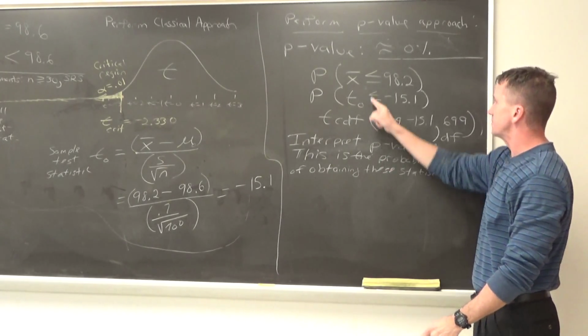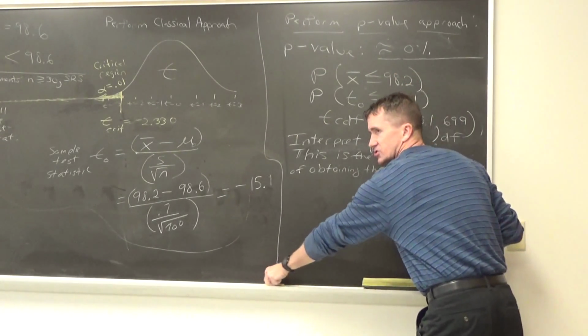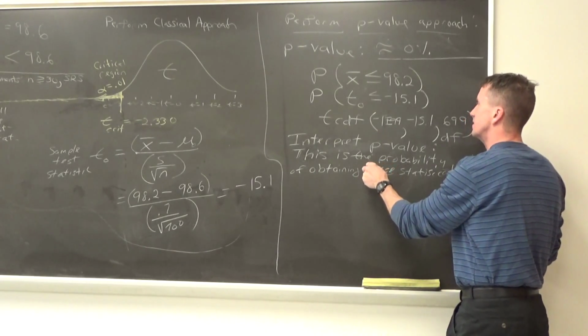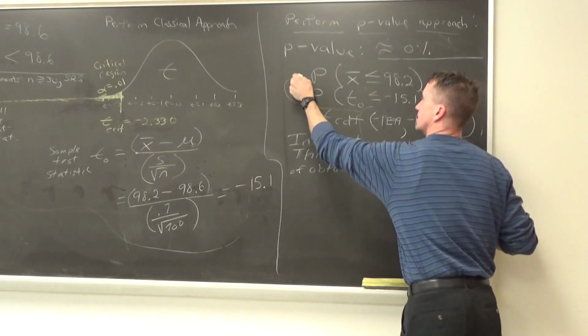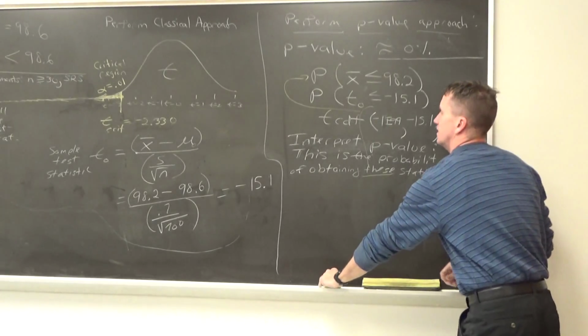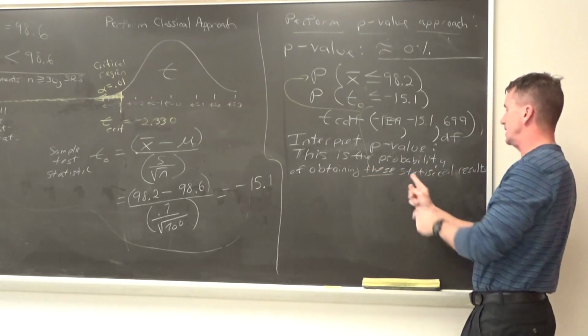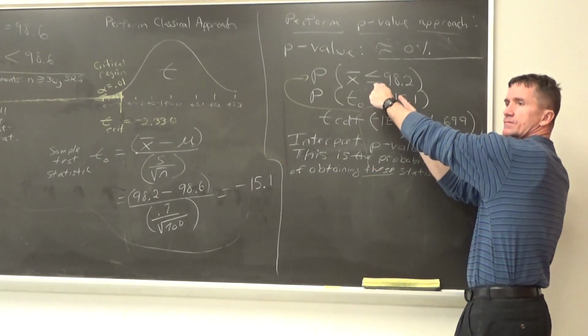And by me saying these, I'm talking about right here. So if you want me to just draw a little arrow here, what do I mean by these? This stuff. That right there. This is the probability of obtaining these statistical results.